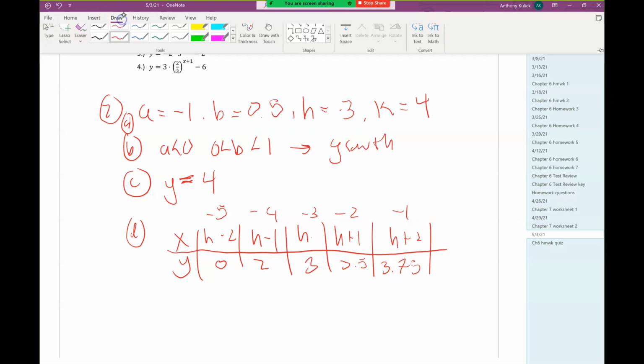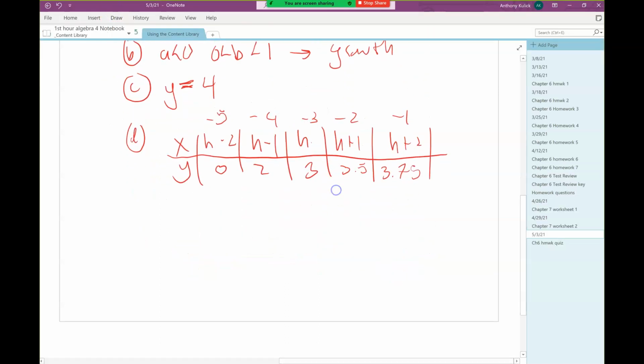Then I'll draw my axis and plot my points. So 1, 2, 3, 4, 5. 1, 2, 3, 4. Drawing my horizontal asymptote here at y equals 4.